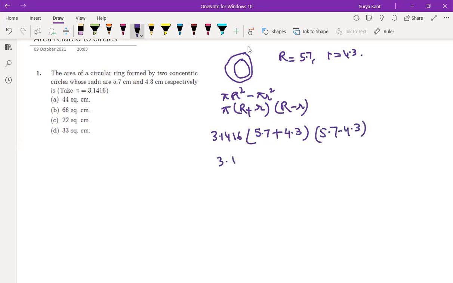So 3.1416, 5.7 plus 4.3 becomes 10 and the difference is 1.4, correct? Now we should do 14 into 3.1416. So 14 threes are 42, so it will come 44.